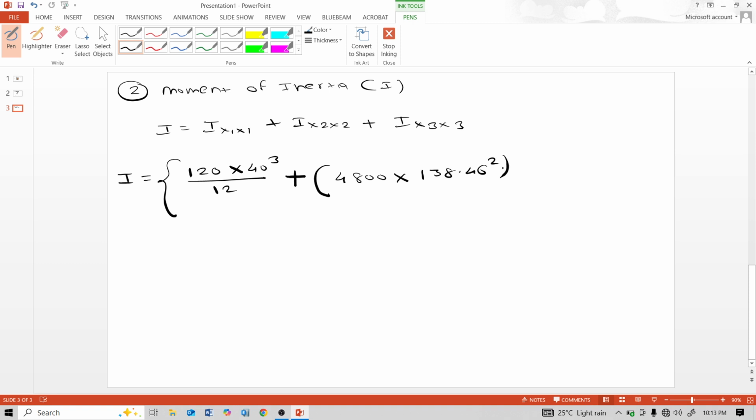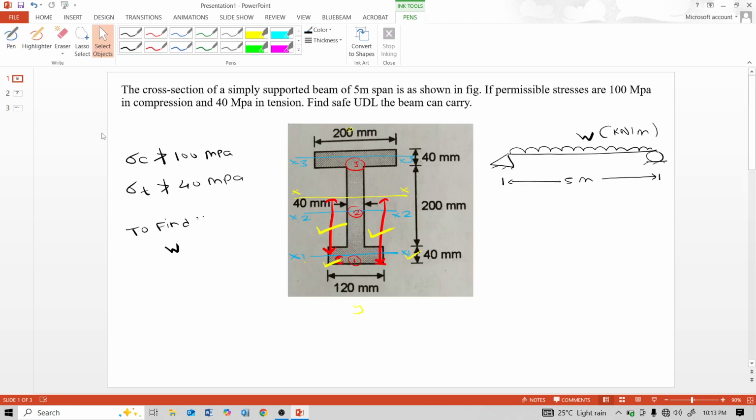(138.46) and square of this. This is the parallel axis theorem to find the moment of inertia about any axis parallel to the original x axis.